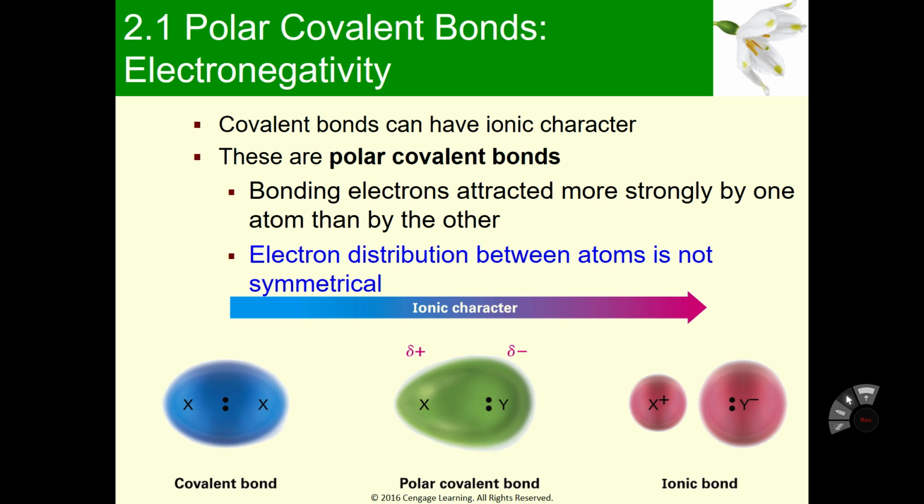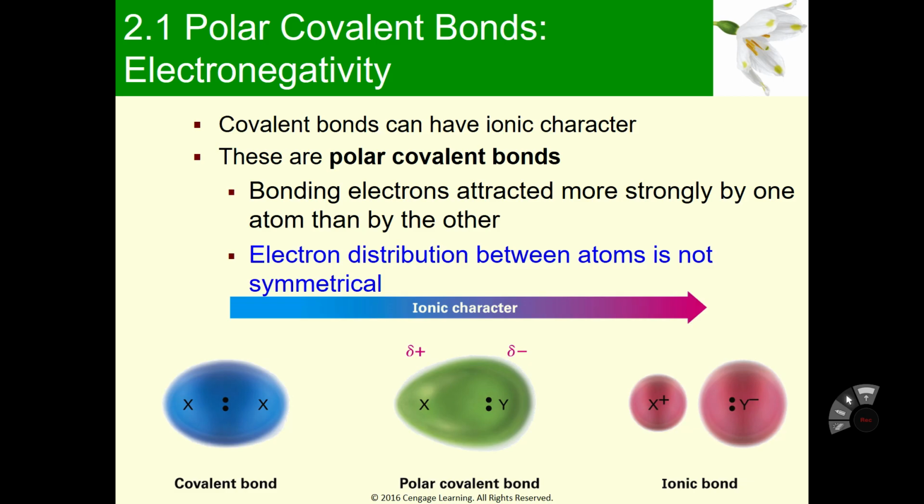If two electrons are completely on one atom, then we call it ionic, like Na+ Cl-. But if two electrons are equally distributed between two atoms, then we call it a completely covalent bond. If the two electrons are shifted toward one of the two atoms, then we call it a polar covalent bond.